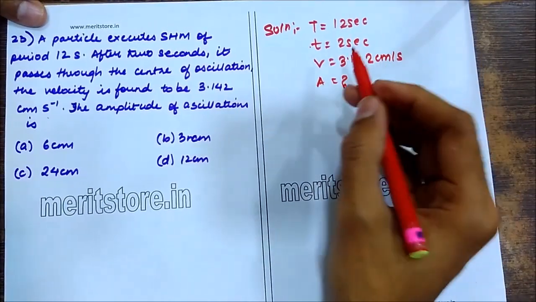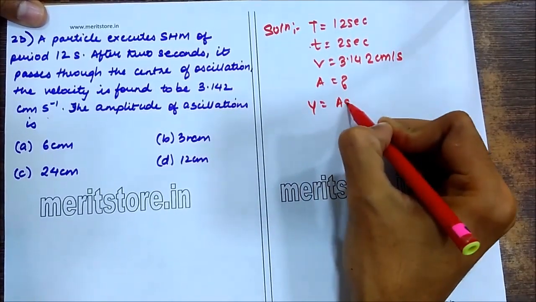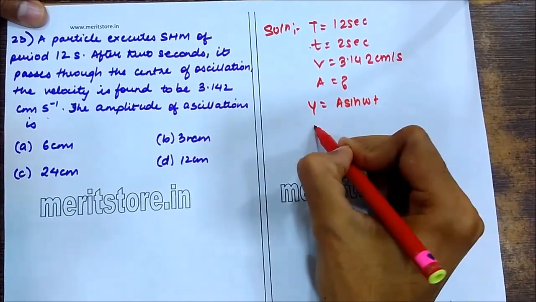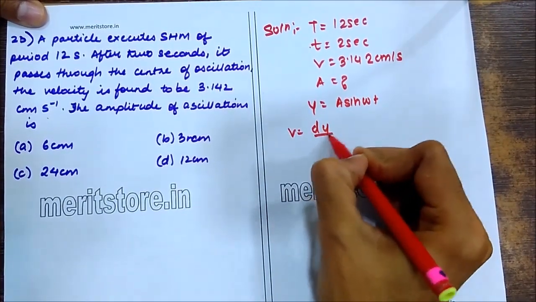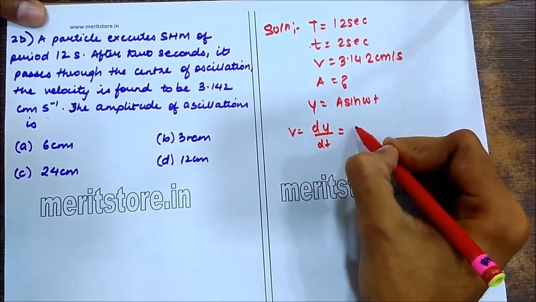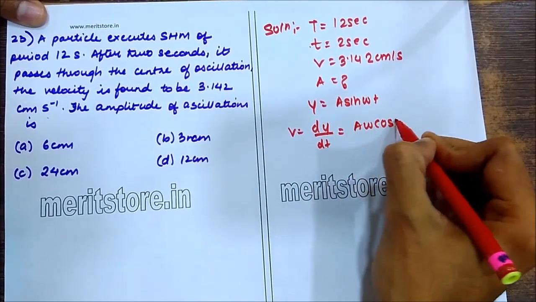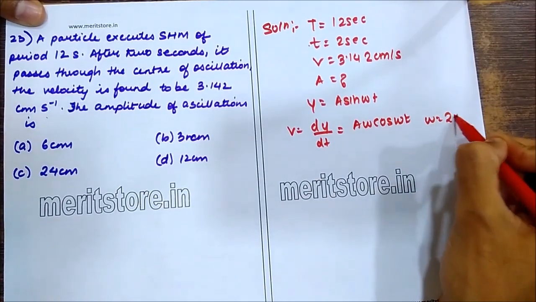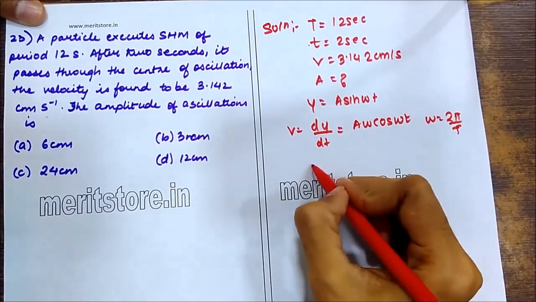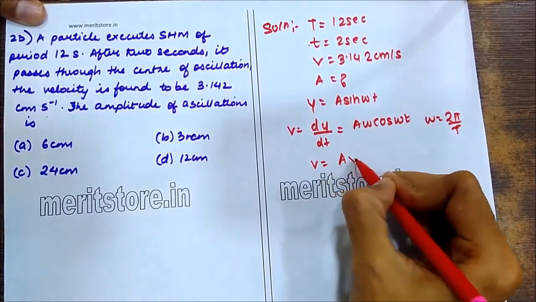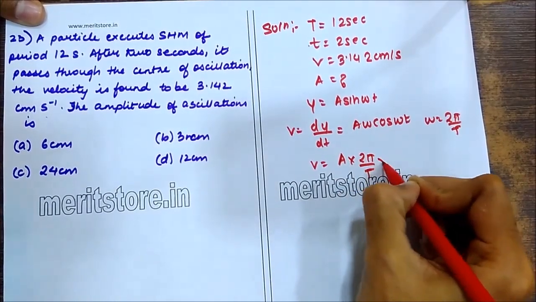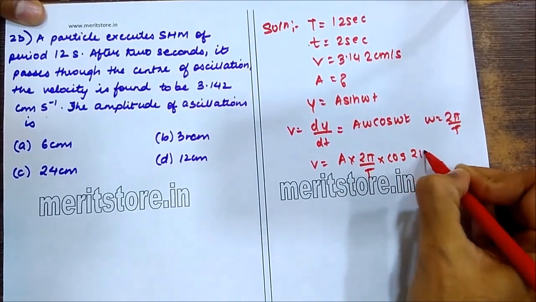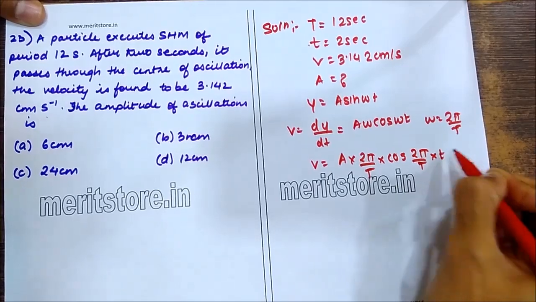Now we have the equation y equals a sin(omega t). We calculate the velocity, which is the change in distance upon time, that gives a omega cos(omega t), where omega is given by 2 pi upon capital T. So the velocity is a into 2 pi upon T multiplied by cos(2 pi upon T into t).